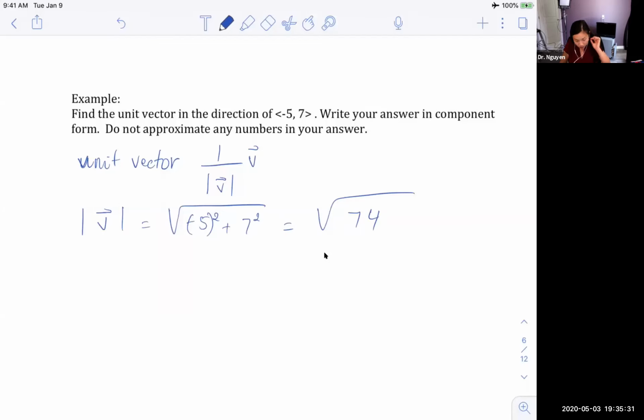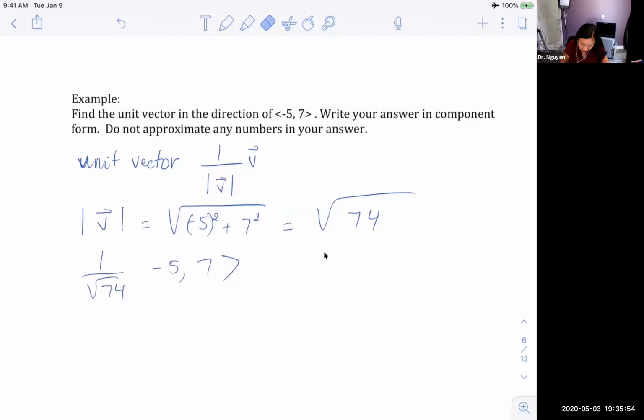Now, we're going to multiply by the vector. So it's going to be 1 over the square root of 74 multiplied by <-5, 7>.